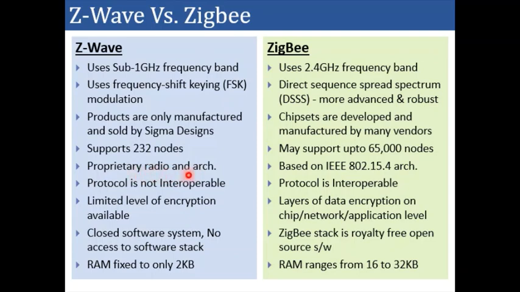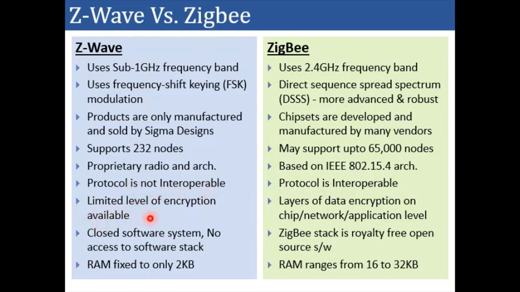Z-Wave is based on proprietary radio and architecture, while ZigBee is based on IEEE 802.15.4 architecture. Z-Wave protocol is not interoperable, while ZigBee is interoperable. Although it is interoperable to certain extent, but it is better when we compare with the Z-Wave.